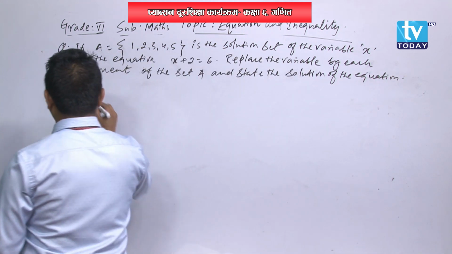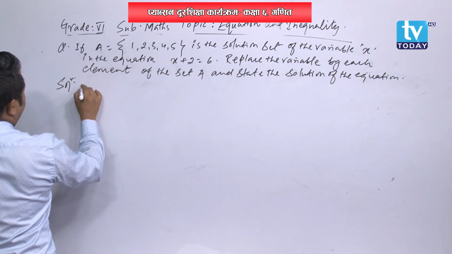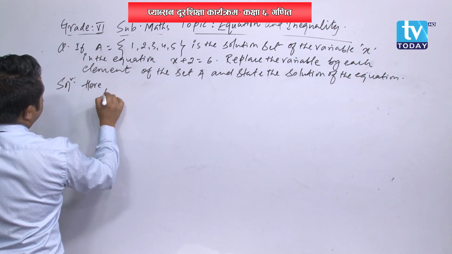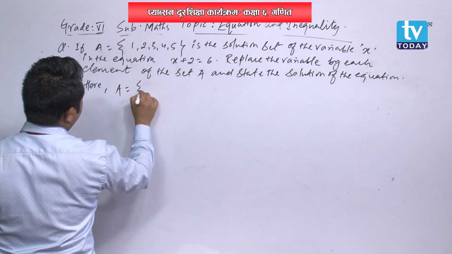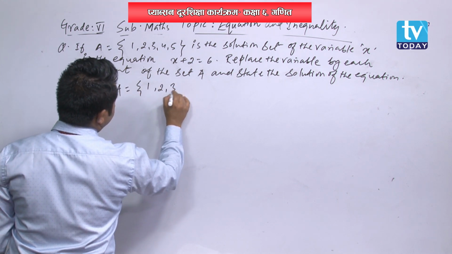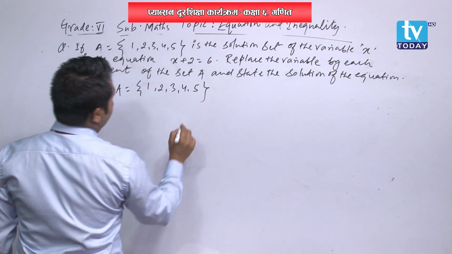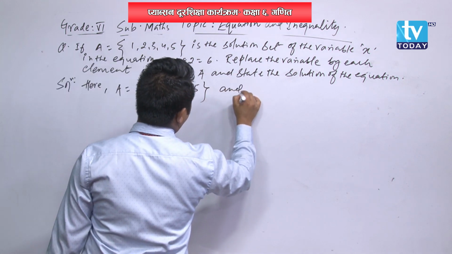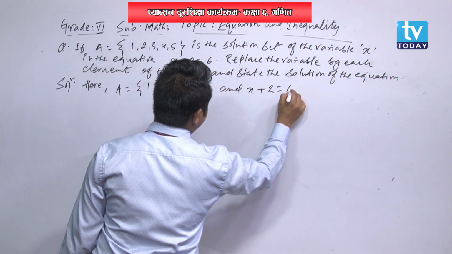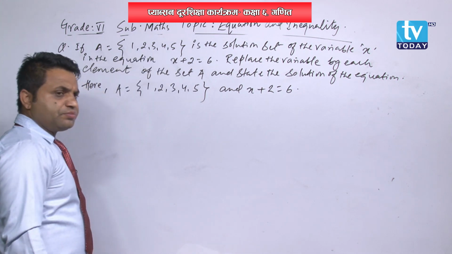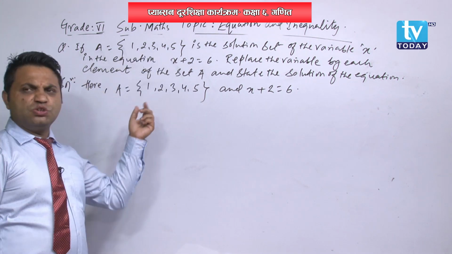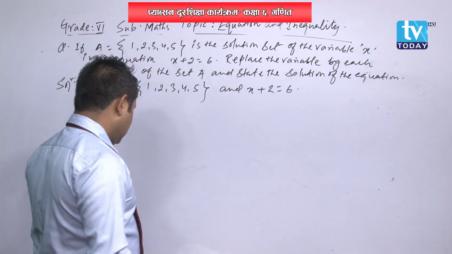Here it is given that set A equals 1, 2, 3, 4, 5 and x plus 2 equals 6.